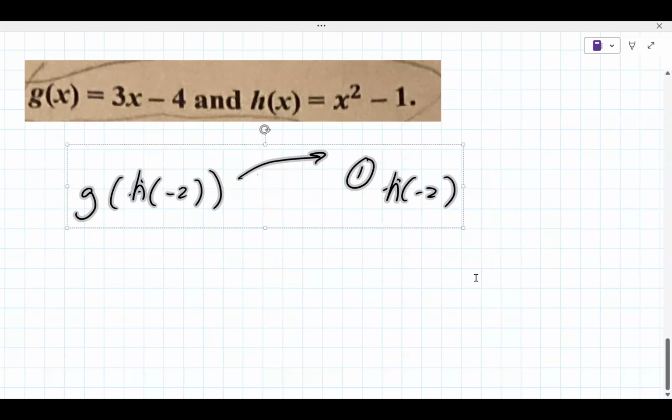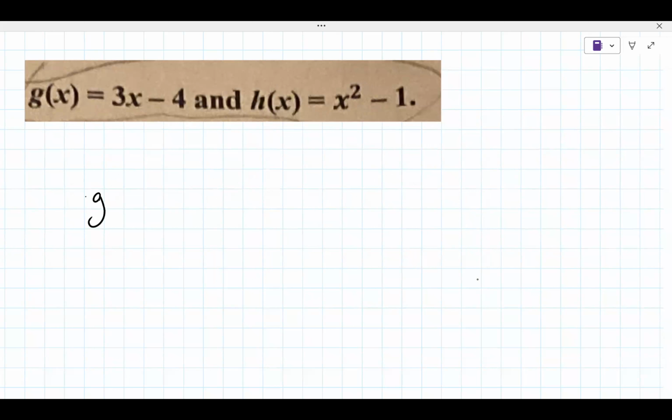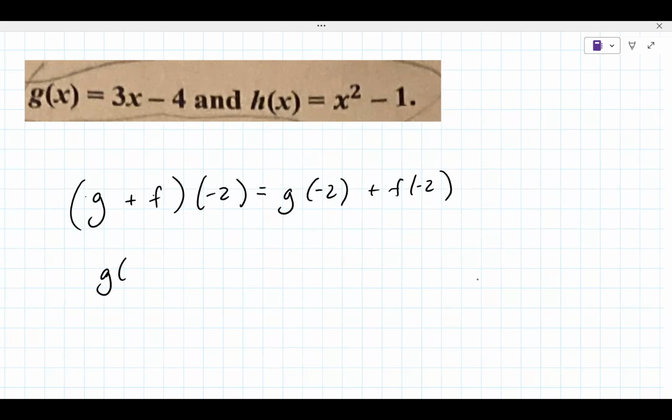Yeah, I sense that there's some confusion here, so let's do something other. Let's find g plus f of -2. This means to find g of -2 plus f of -2. G of -2 means to put -2 in for x.